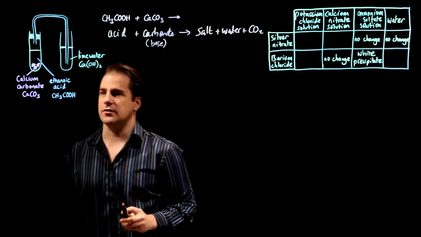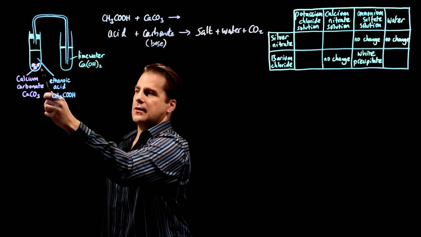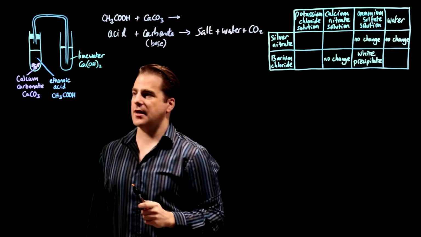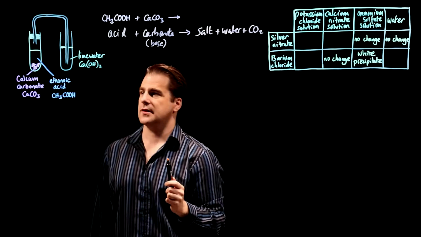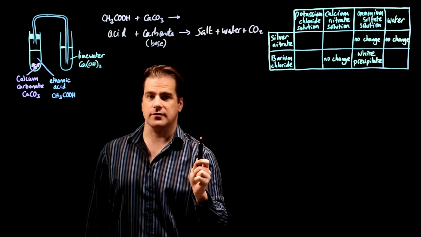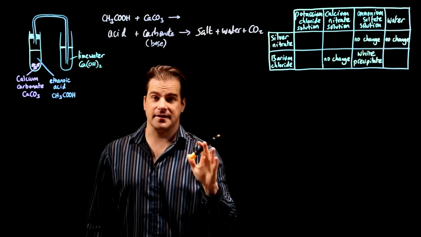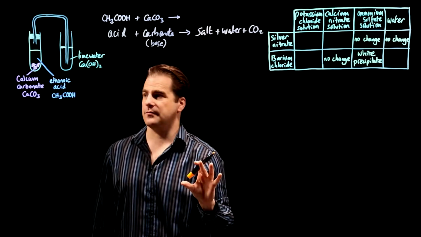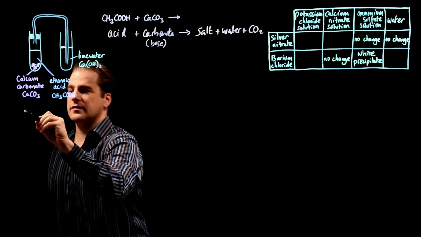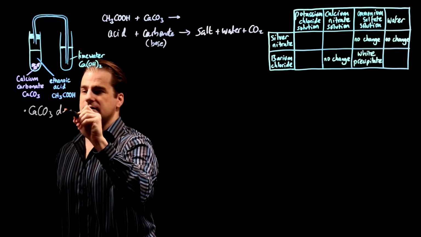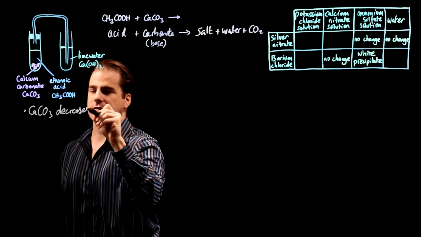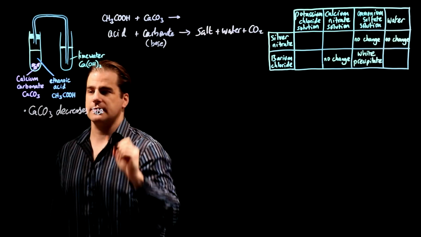Okay, the first test tube. You can say that the calcium carbonate decreases in size. Okay, don't say dissolves. Calcium carbonate is insoluble, it does not dissolve. So you can say that the calcium carbonate decreases in size.